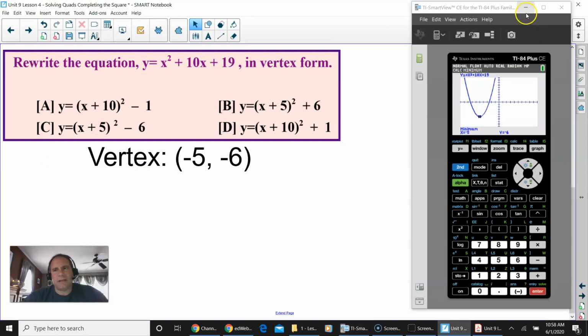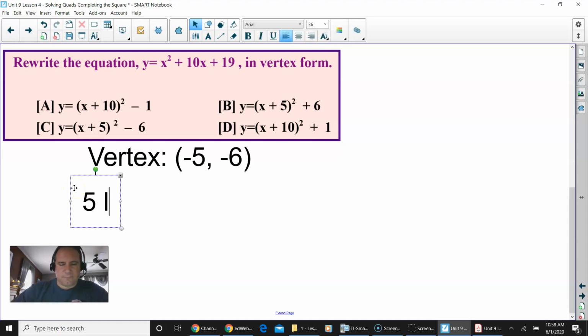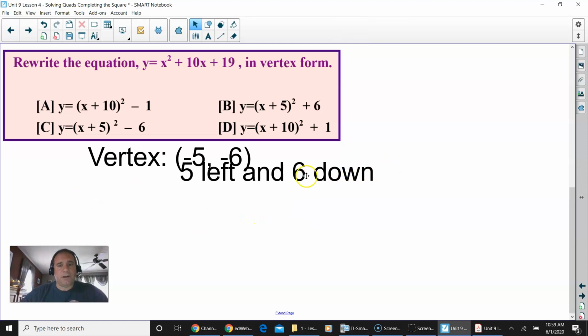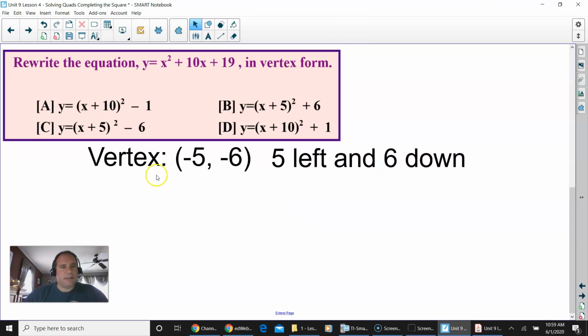Now that you have the vertex, you could just say, all right, the vertex is 5 to the left and 6 down. And you could see that right on the calculator. But the reason why that's really important is because now you could actually pick out what the vertex form is.